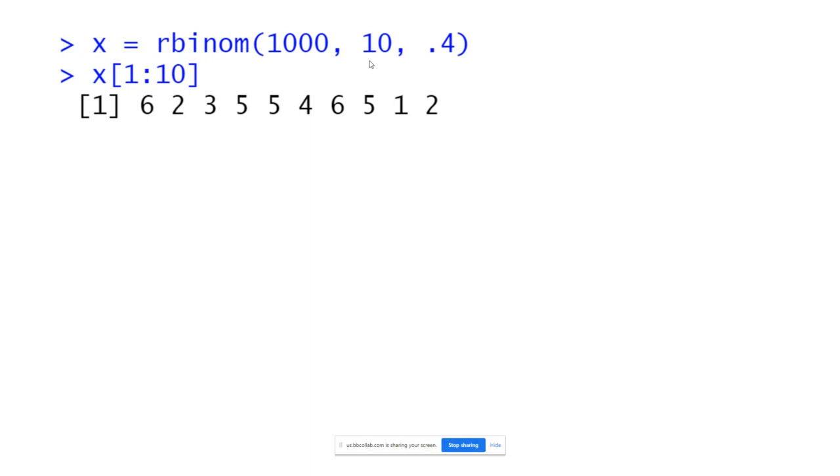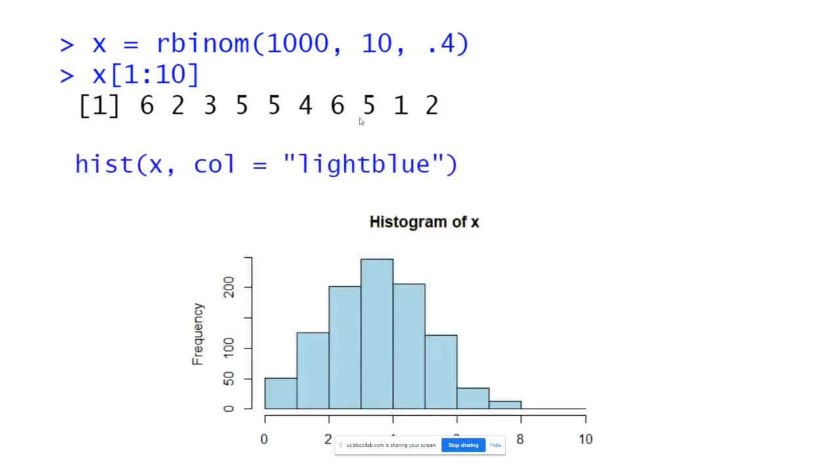One thing that I often like to do is to make a histogram to represent the probability distribution. We can do that using the hist function, H-I-S-T. So that gives us this distribution.